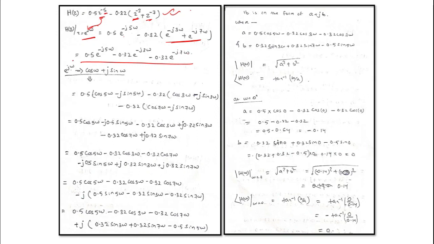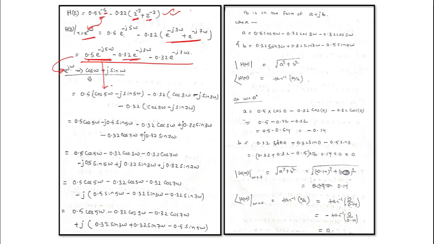Now we know that e to the power j omega is given by cos omega plus j sin omega, but over here we are having e to the power minus j omega something, so it will be cos omega minus j sin omega. So this one comes out to be 0.5 cos of 5 omega minus j sin of 5 omega.